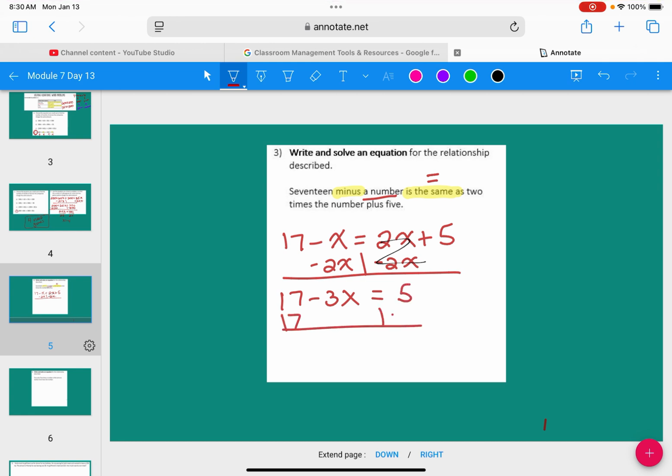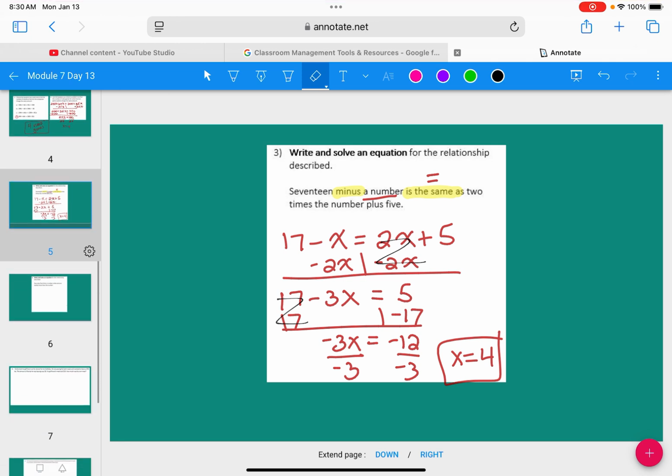Now I'm going to isolate the variable, so I'm going to start by subtracting 17. Negative 3x is still on the left side. 5 minus 17 is negative 12. Divide by negative 3, and x equals 4. This was not a problem that needed a label or anything, so we're just finding x.